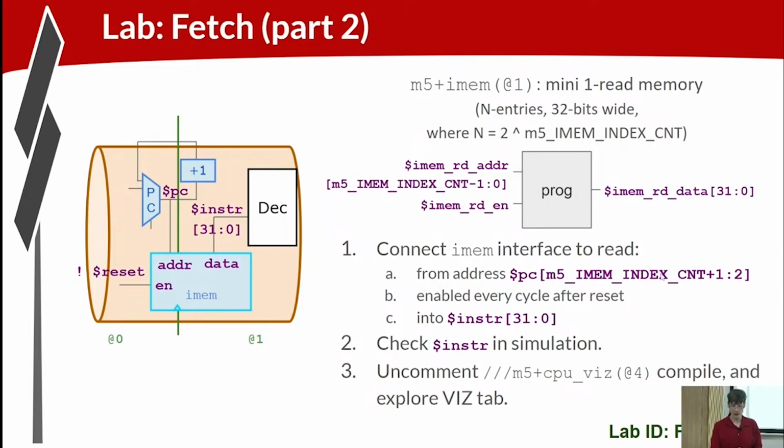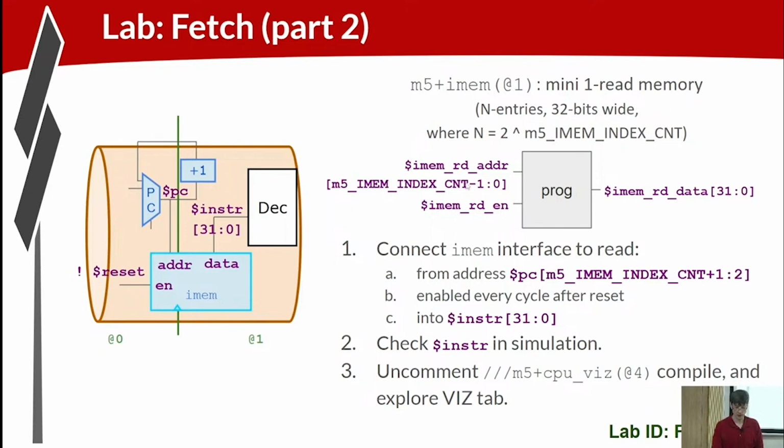We're going to use that parameter to hook up the program counter, so that our code is properly parameterized if the size of the instruction memory changes. So we're going to hook up this imem read address to the PC, ignoring the lower 2 bits of the PC.